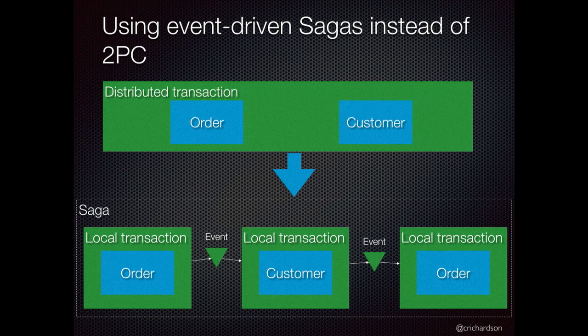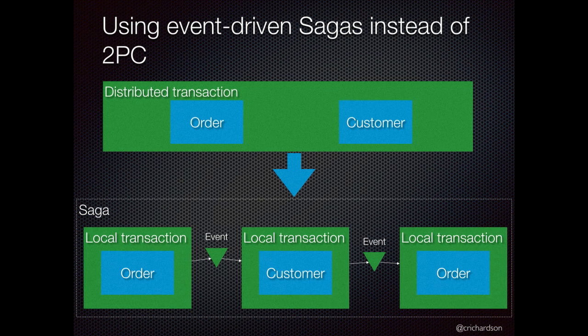Instead of a single distributed transaction that spans services or spans aggregates, you maintain consistency using these sagas, which are a sequence of local transactions, one in each service. And the glue that binds this sequence of transactions is the events.